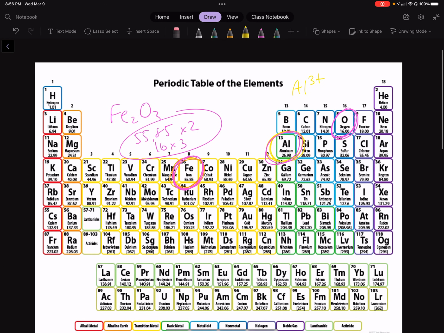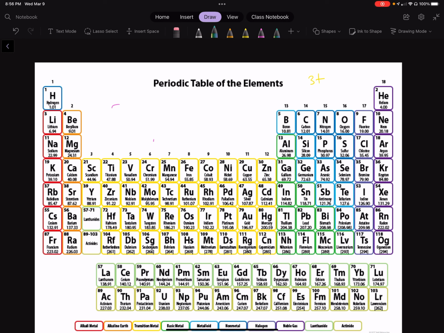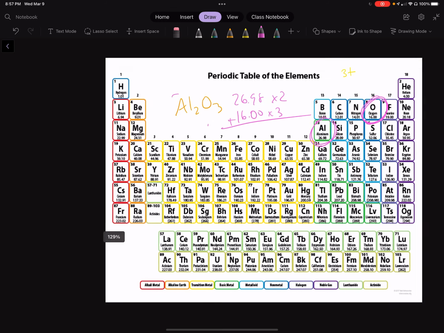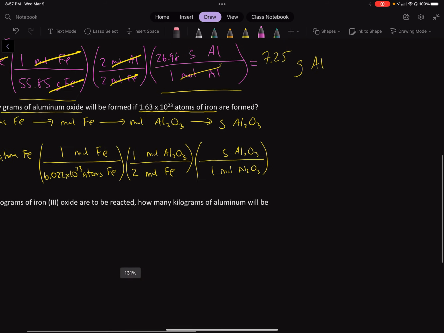So going over to the periodic table, aluminum, 26.98 times 2, since there's 2 of them in the formula, and then 16 for oxygen times 3, since there's 3 in the formula. So you do that math, add them together, and you should get 101.96.